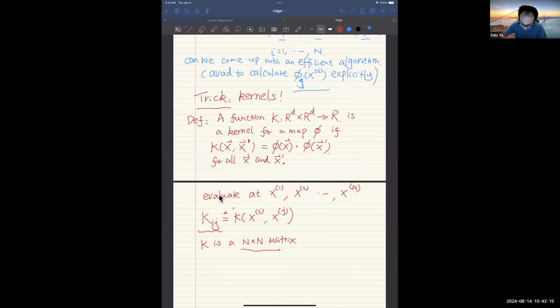If we can find a way to efficiently calculate each entry of this K, then we only need to operate with n squared, instead of working with the phi's directly, provided we can calculate these kernels efficiently.